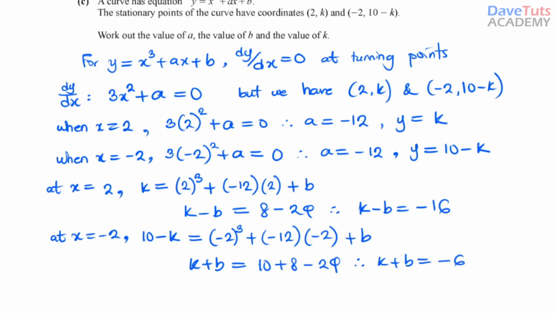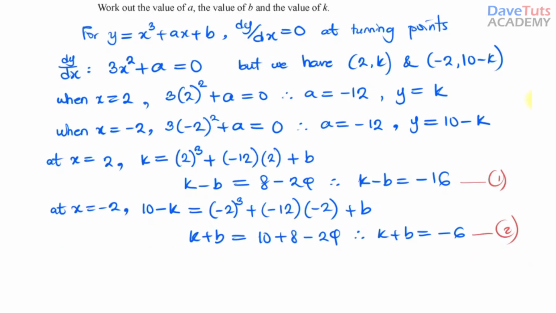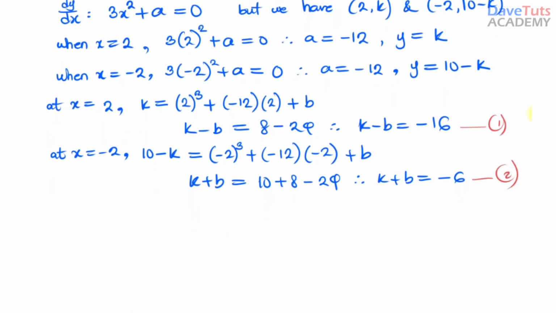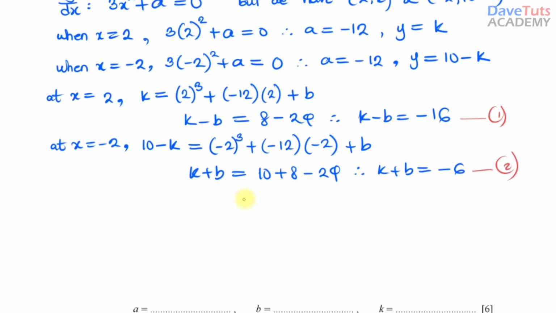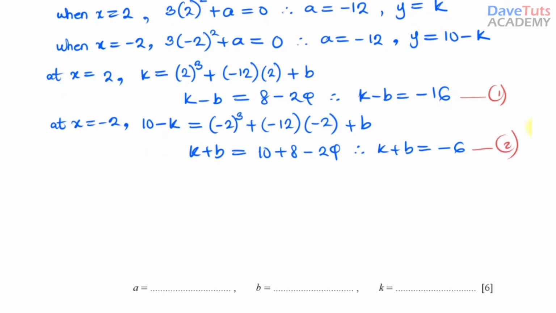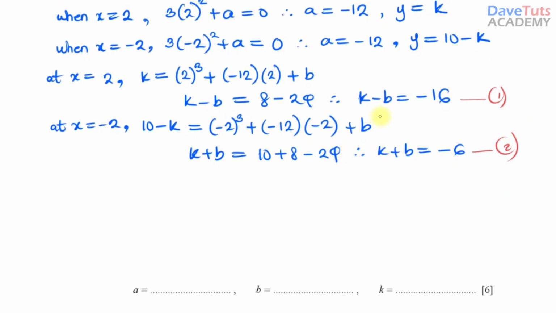And you can see we have these two sets of equation, equation 1 here, and equation 2 here, that we can attempt to solve to try and find the value of k and b. Already we have a to be minus 12, but now we need to find k and b.